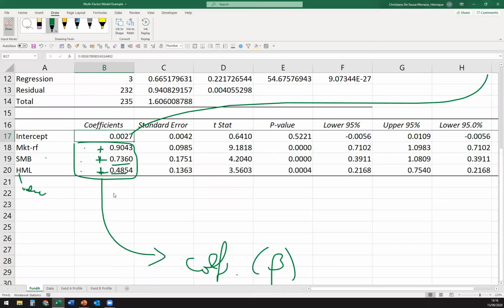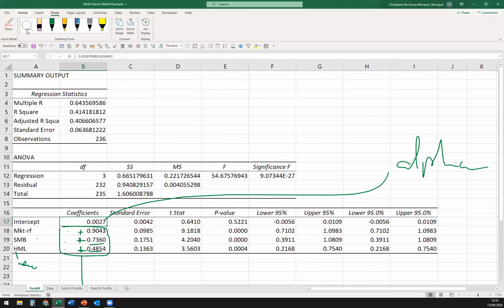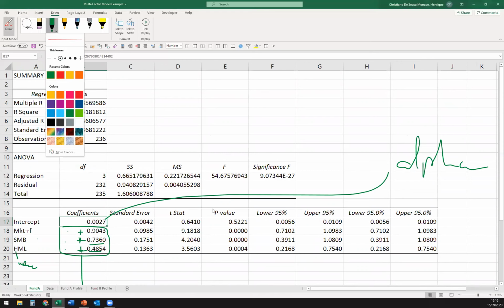So after accounting for that, we can see its alpha over here. It's positive. So even after accounting for its investment style, it still has positive alpha, which means excess returns over its benchmark, right? However, we can go a little bit further and analyze the p-values.